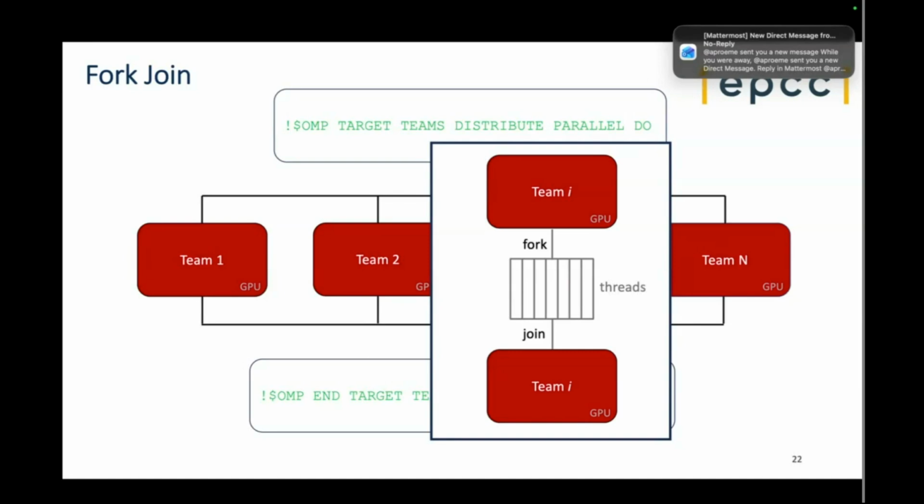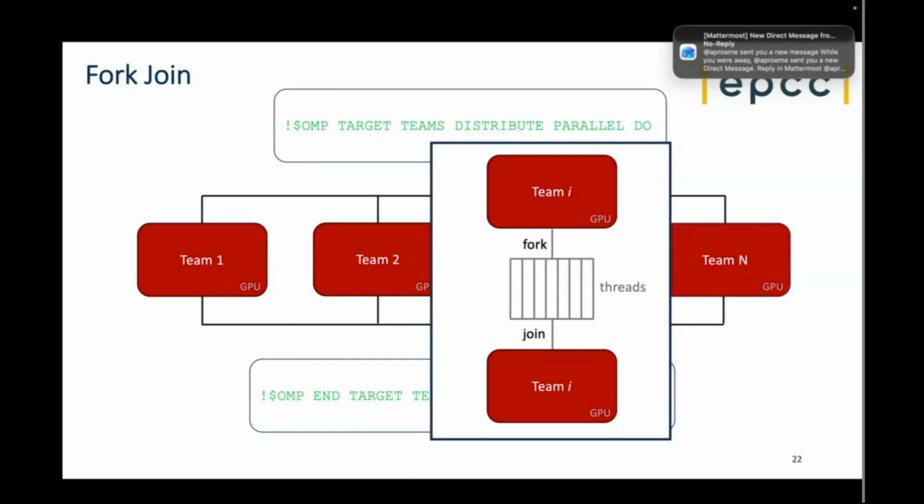You can use teams also for CPU, but you rarely do. They're rarely useful, while they're essential when writing for a GPU. So you first fork the teams, and then inside the team, you fork the various threads, and then you join. That's the view of the world of OpenMP.